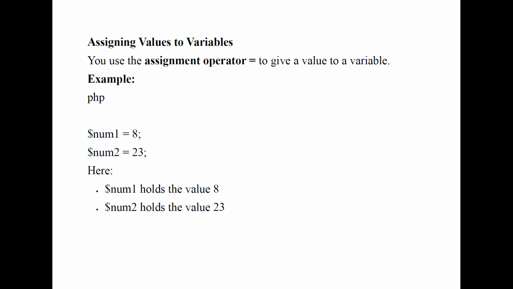Now, assigning values to the variable. Here $num1 holds the value 8 and $num2 holds the value 23, using the assignment operator. We use the assignment operator to give a value to a variable.